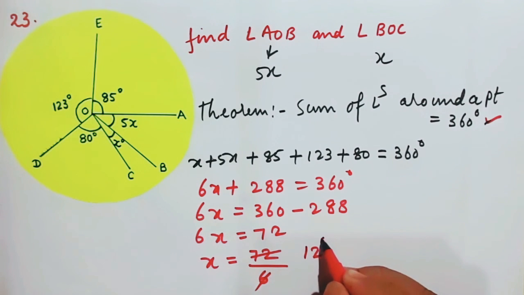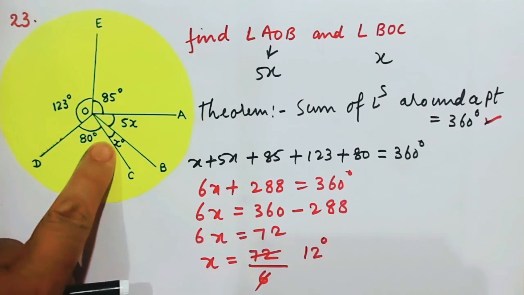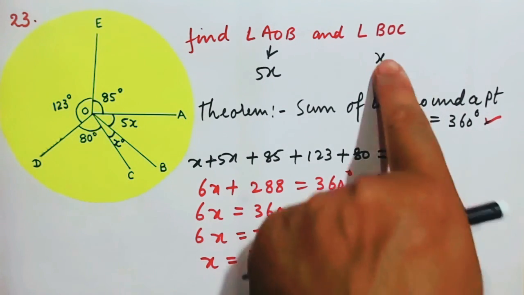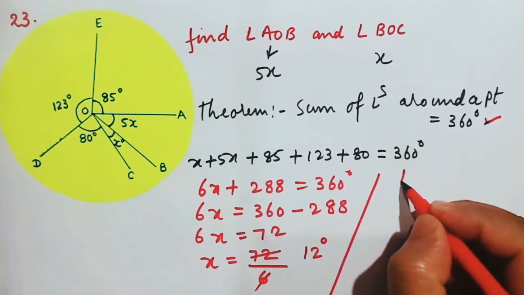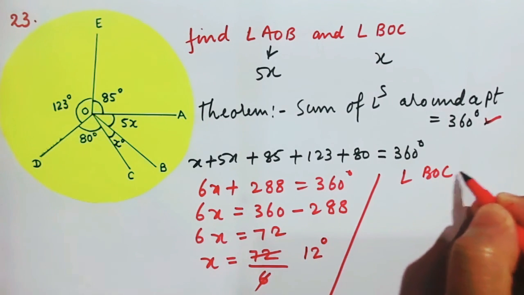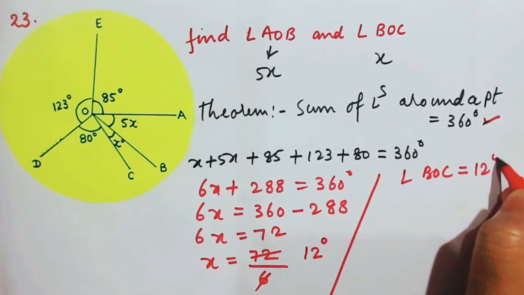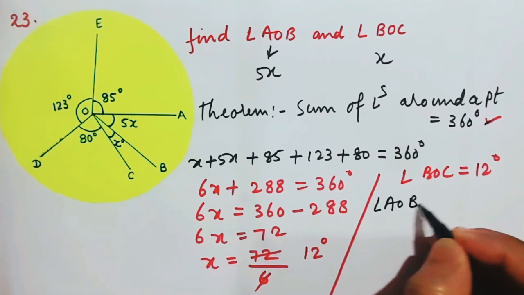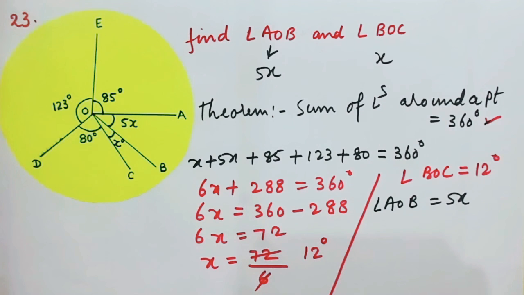You can mention this as 12 degree also, because here x is an angle. So first I found x, which means you can clearly write that angle BOC is equal to 12 degree. Now, angle AOB is equal to 5x.